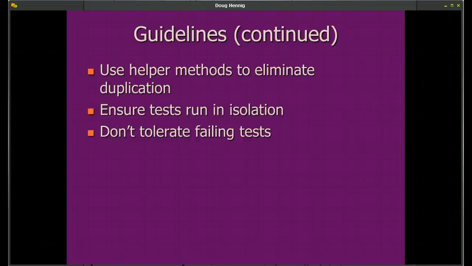Or if test A works when you run it by itself, but if you run A, then B, then C, somewhere along the line, test B is failing. So that probably tells you that some expectation of the test or of the class being tested is being set up by one of the tests that ran earlier and not cleaned up.